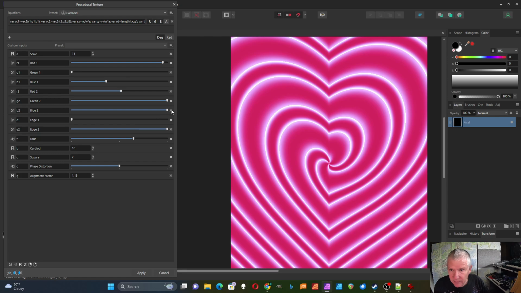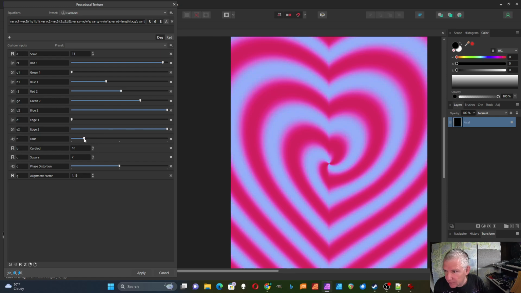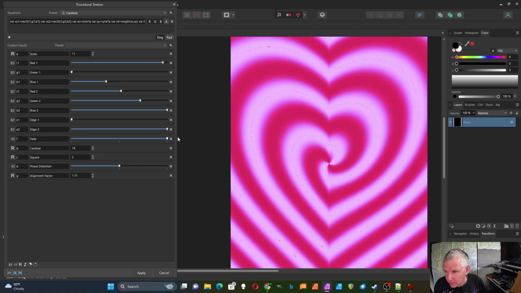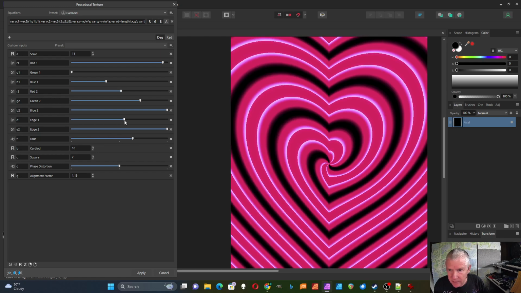You can mess around with fading these in and out and trying different colors, but I haven't messed around with that too much. I can subtract off the color too, or get them to blur, overlap. I guess this is the F is the overlap, and then these are the two edges.